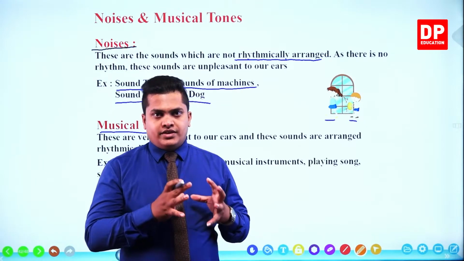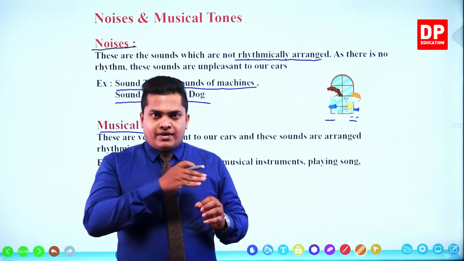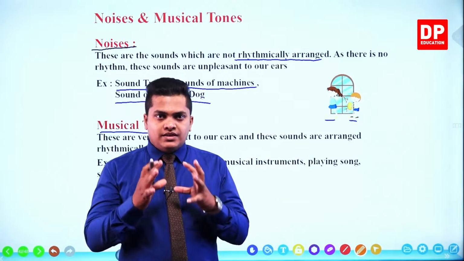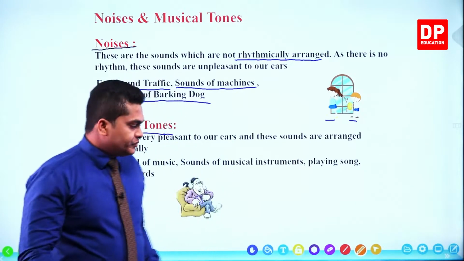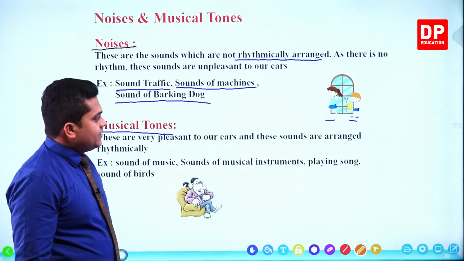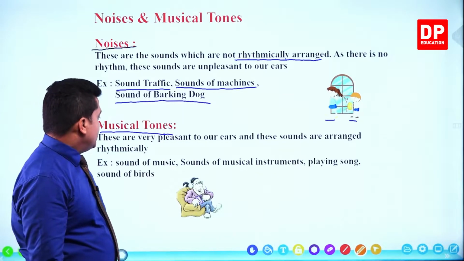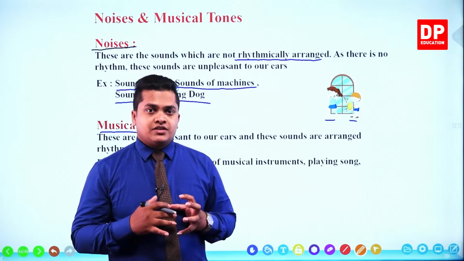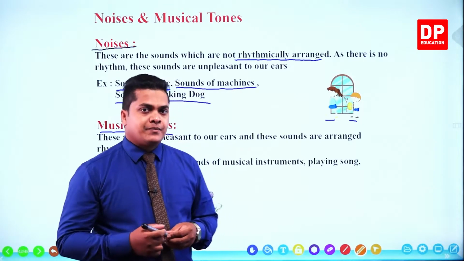The notes in the instrument are arranged interval by interval. So when playing it, you can listen to a very pleasant sound. These are very pleasant to our ears and these sounds are arranged rhythmically. So rhythmically arranged sounds are referred to as musical tones or music.